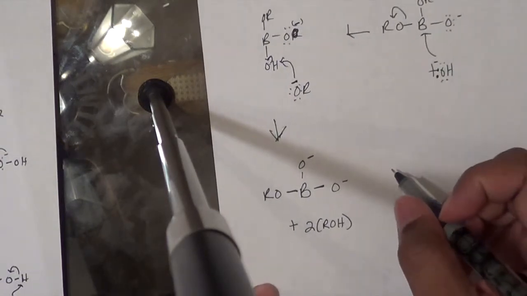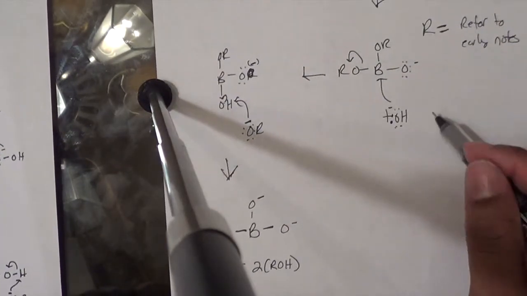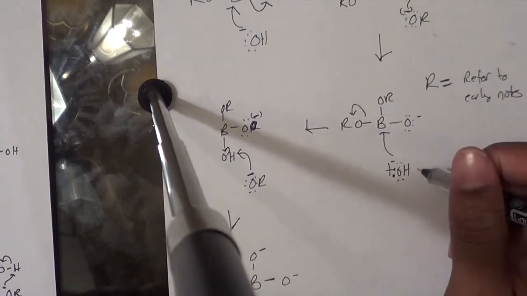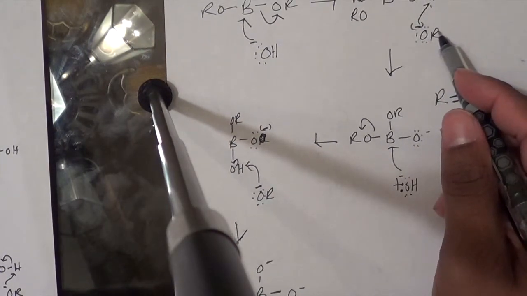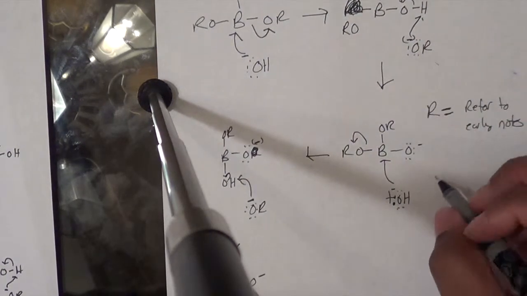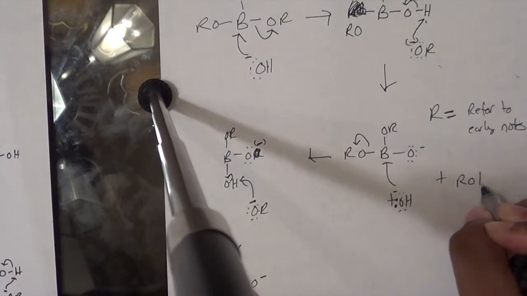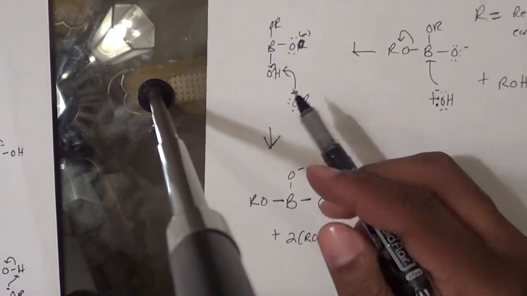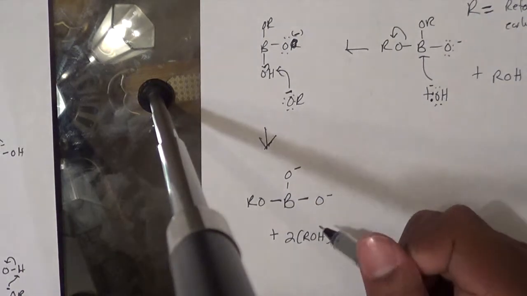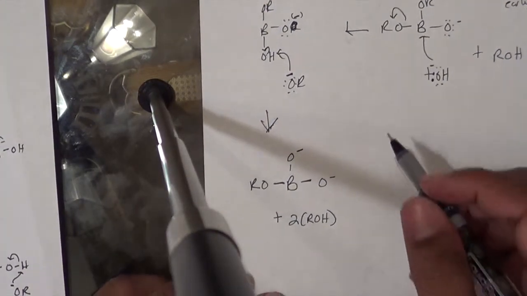Okay, because we produced an ROH here, we produced that there, even though I didn't show it here, and we produced it here when we plucked that one off. Okay, so let's look at the next one.